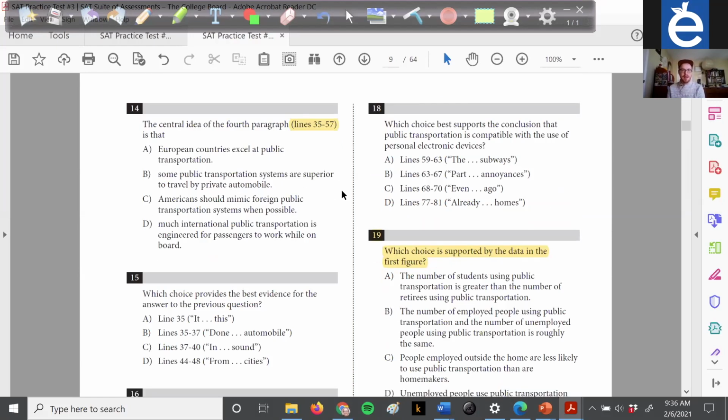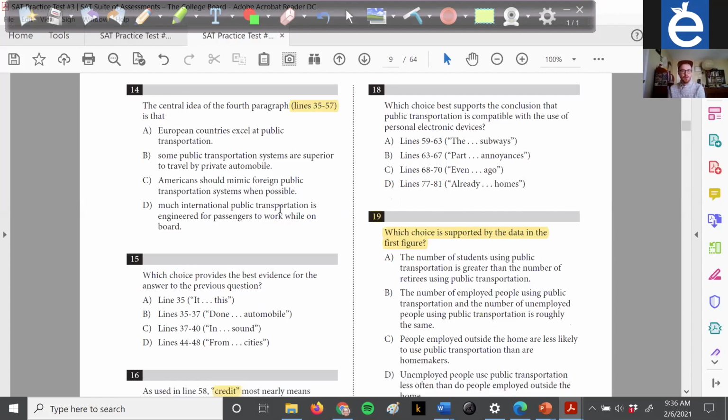So let's look at our next line question. Central idea of the fourth paragraph is which? Well, again, this may seem just as intimidating.